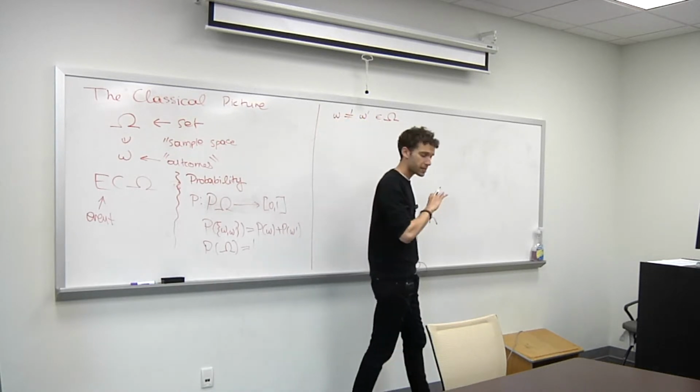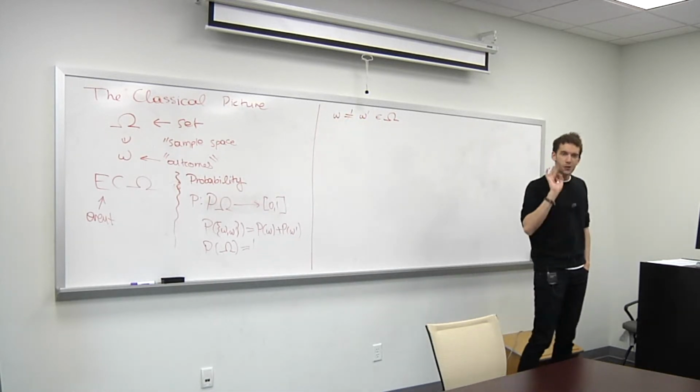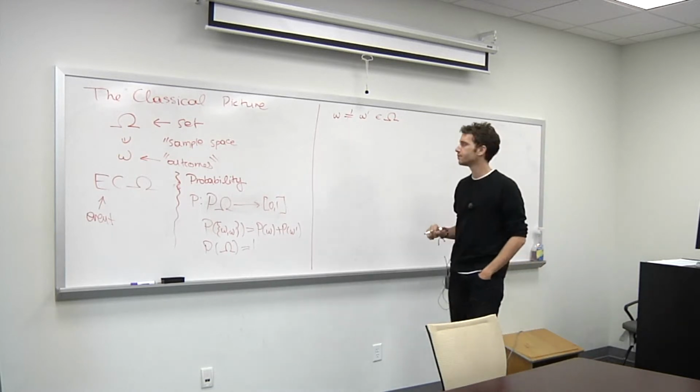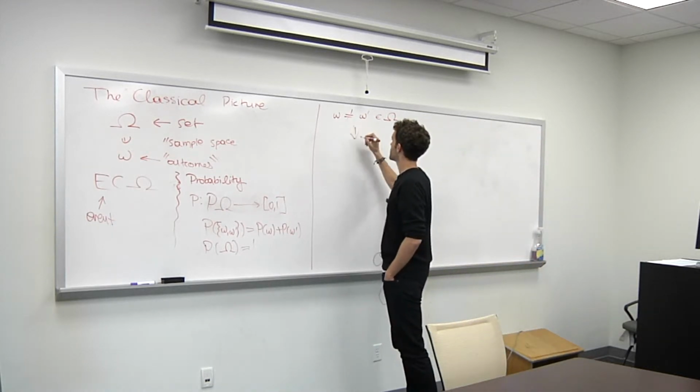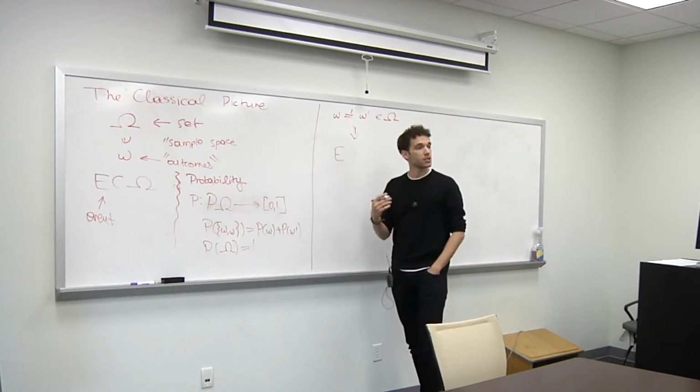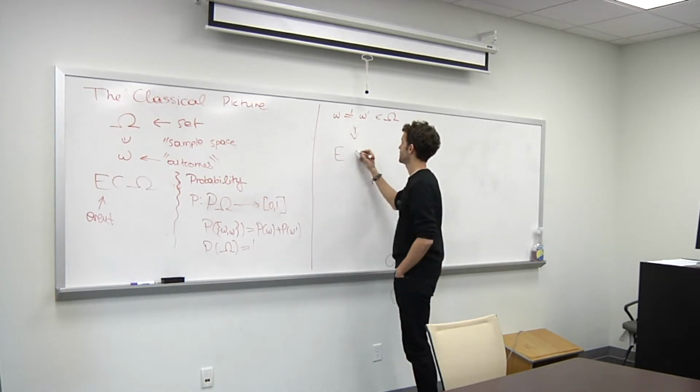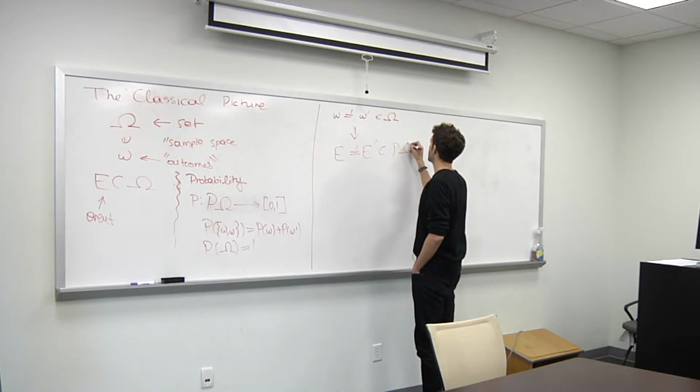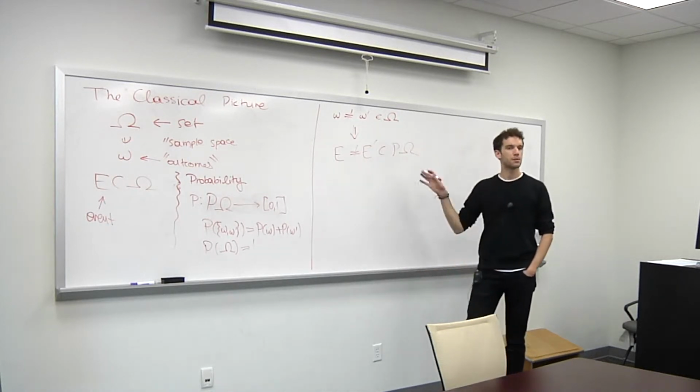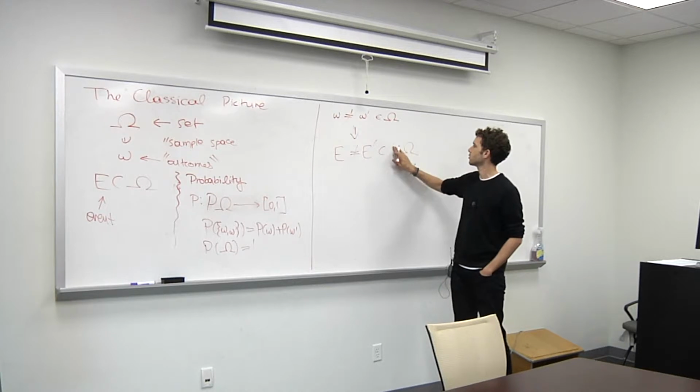And a set formalizes that very well. 2 elements of a set are either equal or not equal. That's it. And from that it follows that an event, which is just a set of outcomes, is either equal or unequal to another event. So these are subsets of omega.